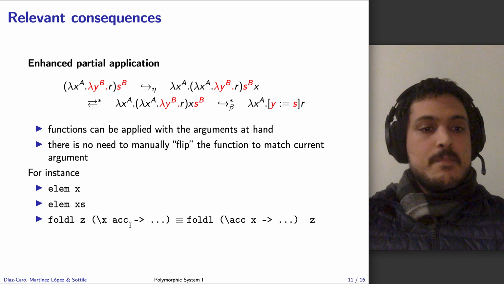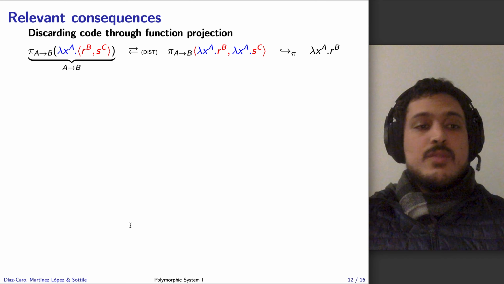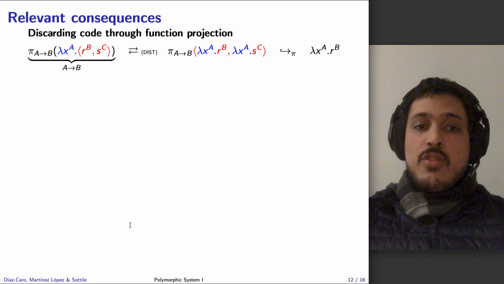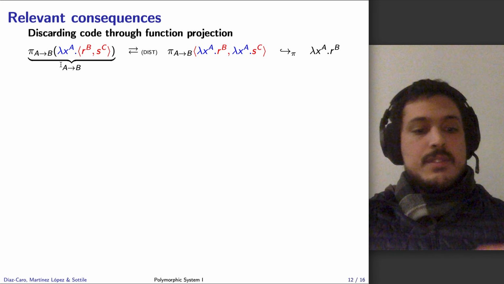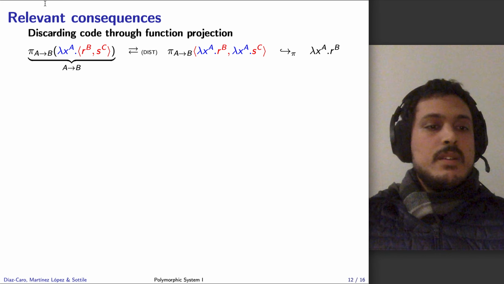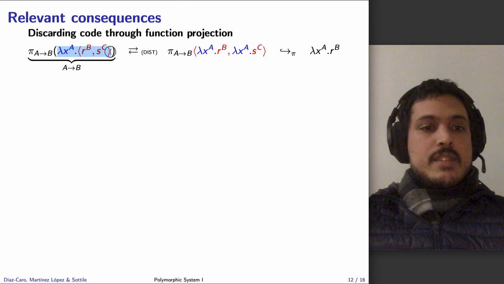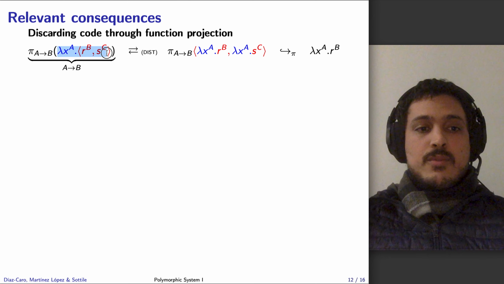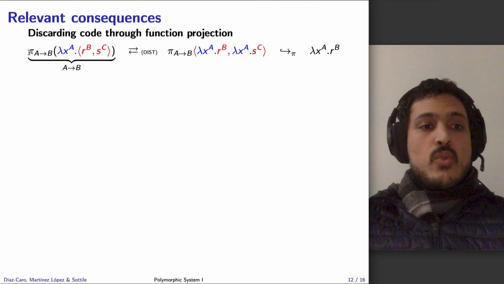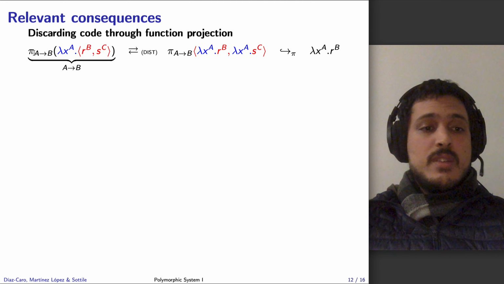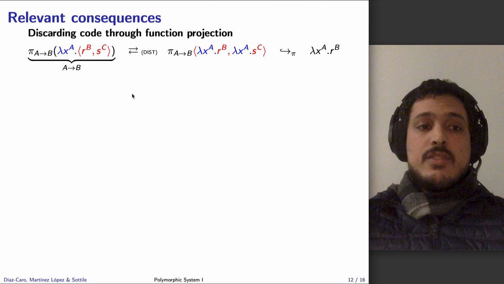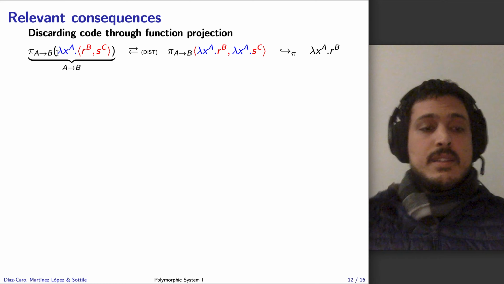So another relevant consequence: we can discard code through function projection. So how do we do this? Let's say we have this function, which is an abstraction that gives a pair as a result. We are projecting a function from it. We are projecting the function that goes from A to B from it.